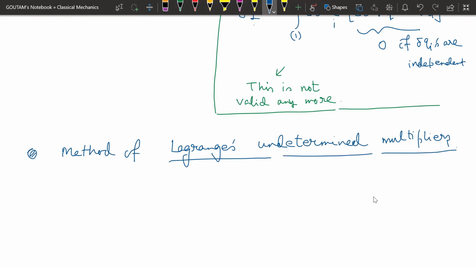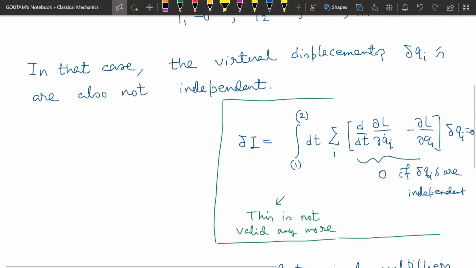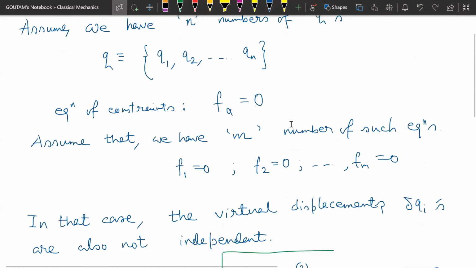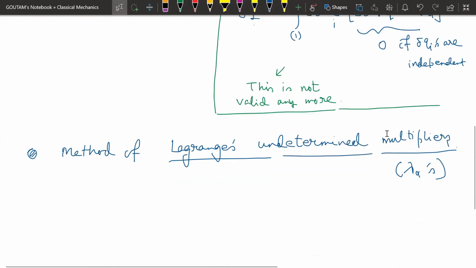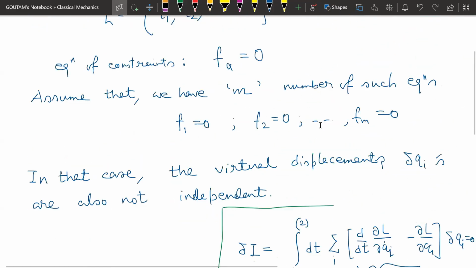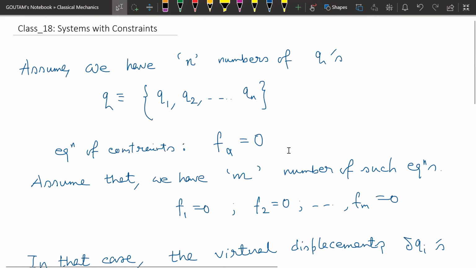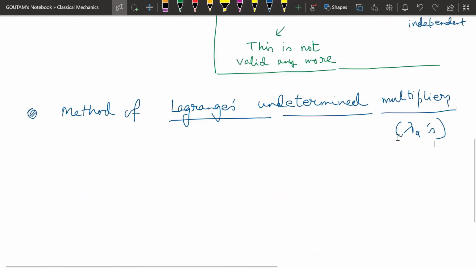So these Lagrange's undetermined multipliers are denoted by lambda alphas. This alpha index I used because for each equation of constraint, we will get one Lagrange's multiplier. So these equations of constraint have alpha index. That's why I use this alpha index in the Lagrange's undetermined multiplier.